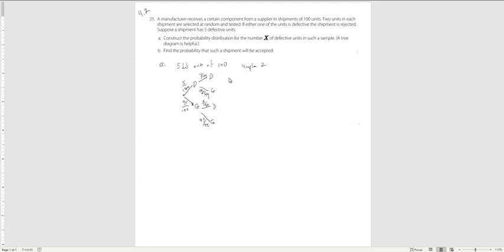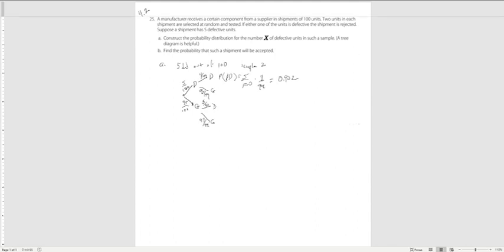Okay, so for defective, the probability of that would be 5 over 100 times 4 over 99, which gives us 0.902. Oh, no, it doesn't give that.